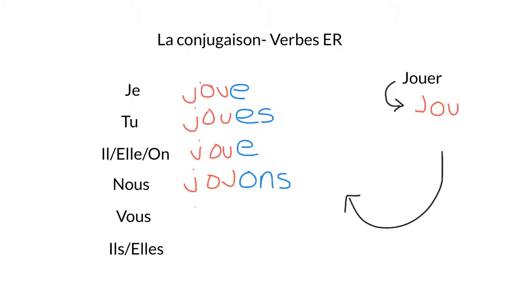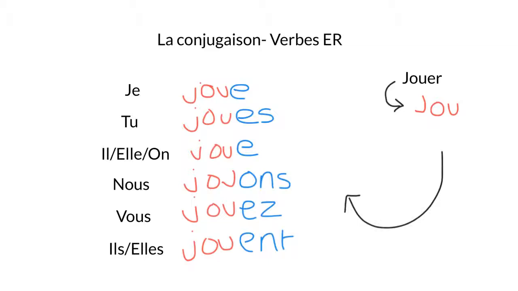For vous, it is jouez. And finally, it is ils, elles jouent. Now, this is, again, one of the biggest pronunciation issues when people try to say jouent. It's incorrect, and the last two letters will never be pronounced.